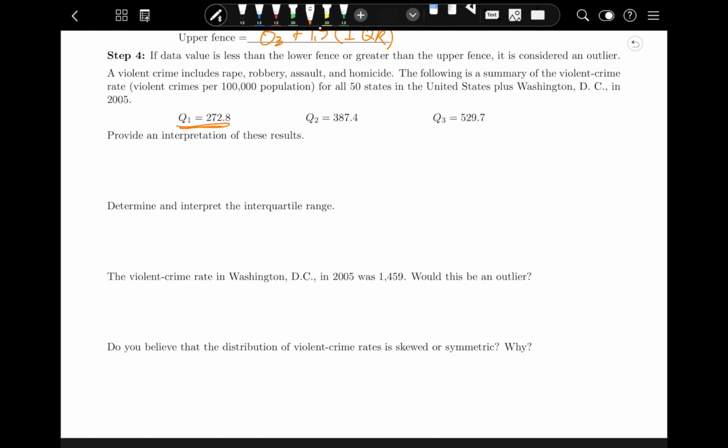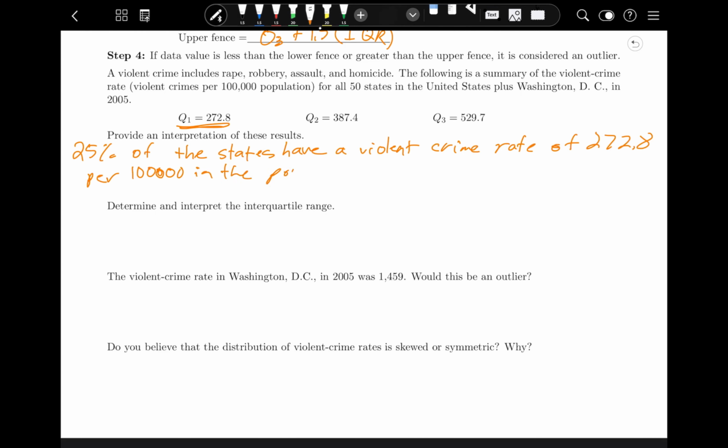For Q1, we could say that 25% of the data, in this case the states, have a violent crime rate of 272.8 per 100,000 in the population or less. So that works exactly the same.